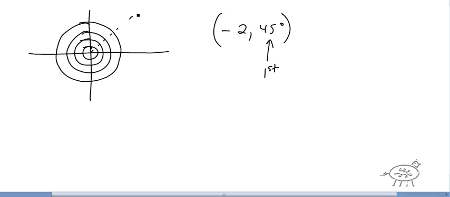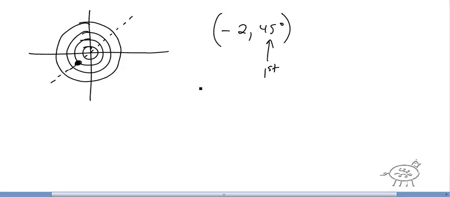But then the r is negative. That just means you go the other way. So instead of going out towards the upper right, you're going to go down to the left. If you want, you can just extend this line here, because that's all it is. And here is negative 2 comma 45 degrees.